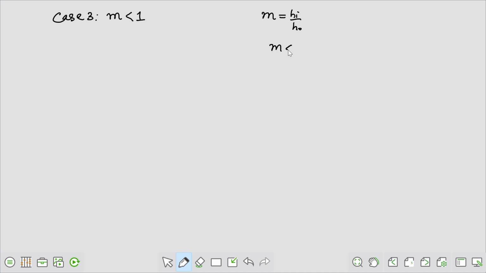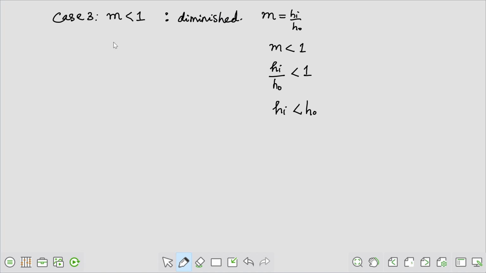That means hi by ho is less than 1, or hi is less than ho. Magnification less than 1 means image size is less than object size, which means that the image formed is diminished. So let's see some examples.